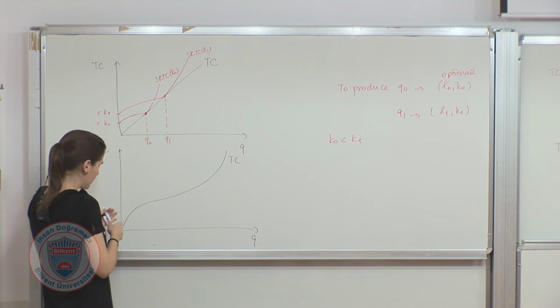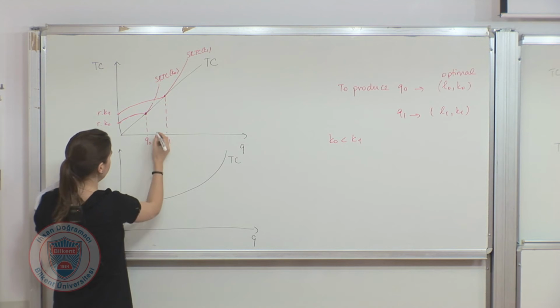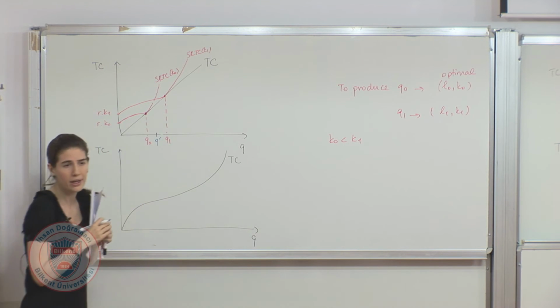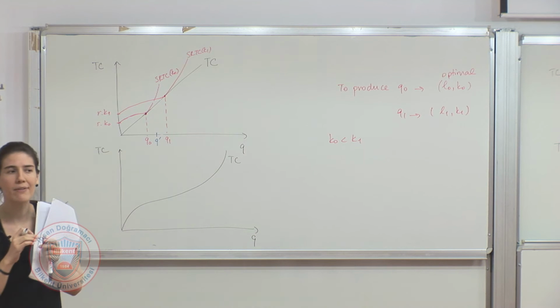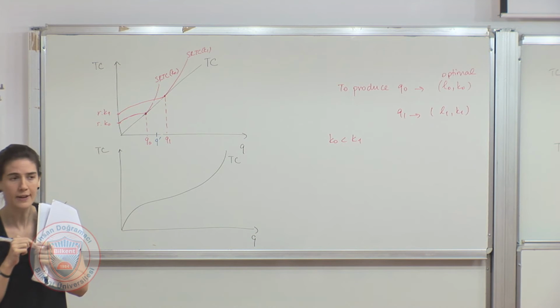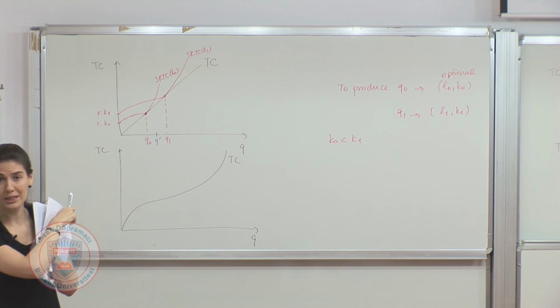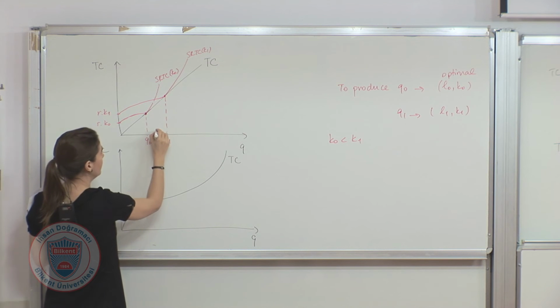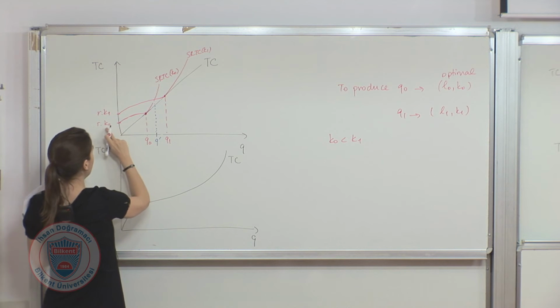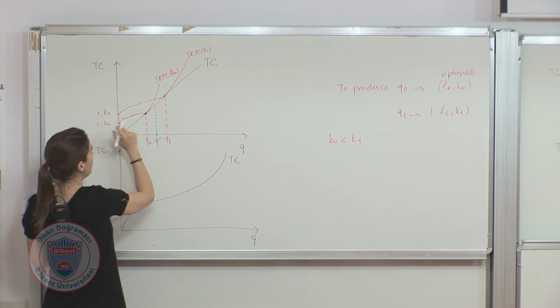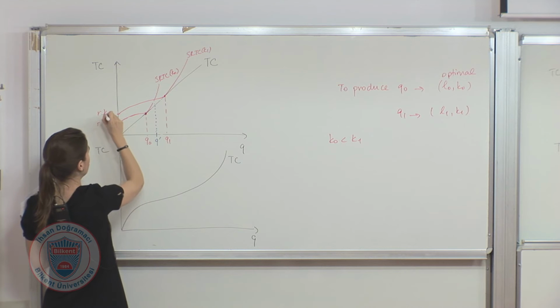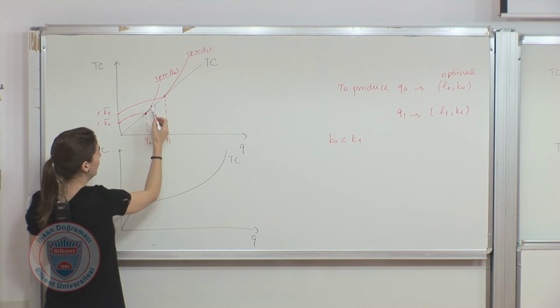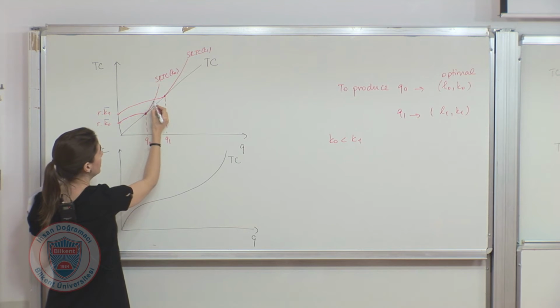And you see, suppose I have a level of Q bar here, okay? If I want to produce this Q bar level with this amount of capital, let's say K0, I can put these guys, right? So then I'm going to be here.